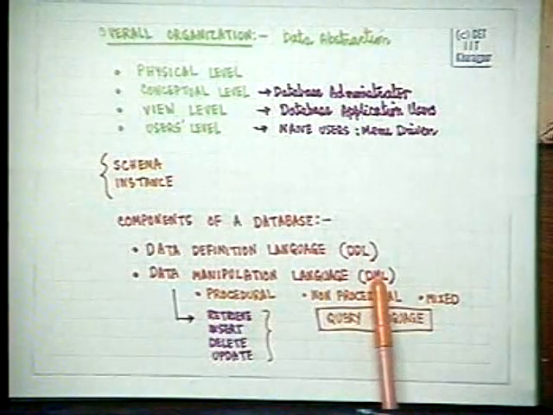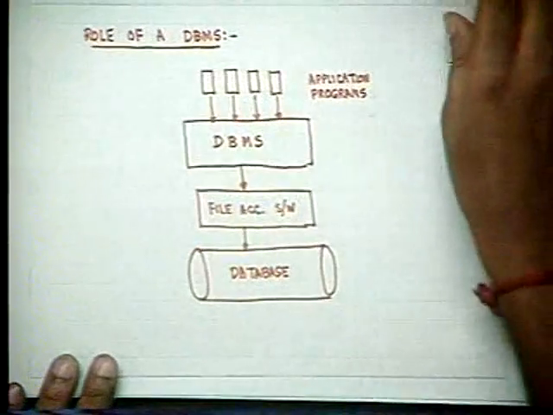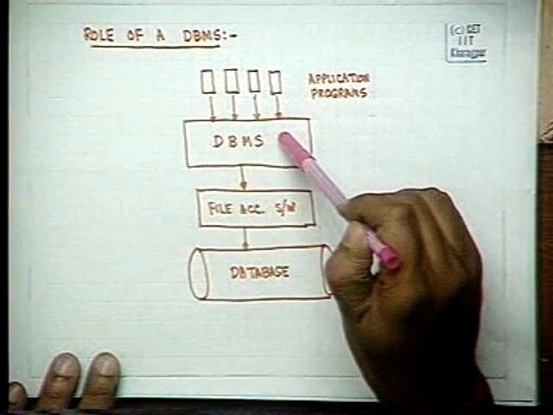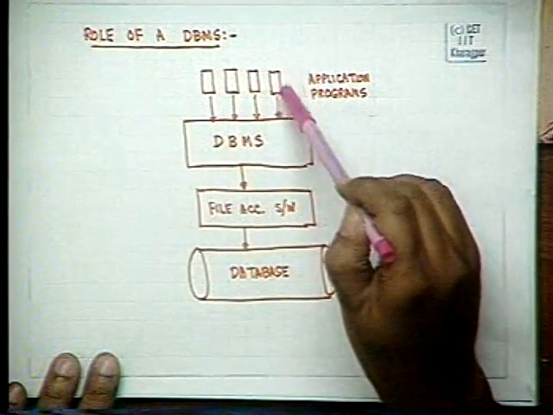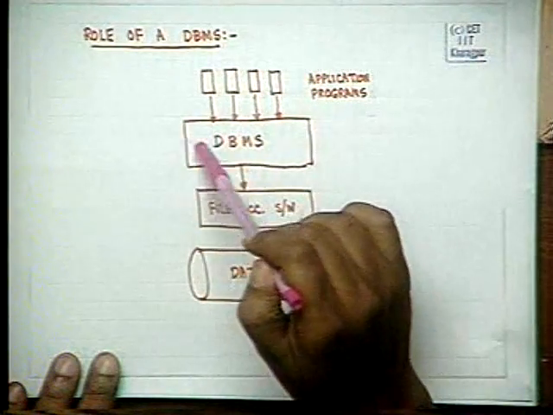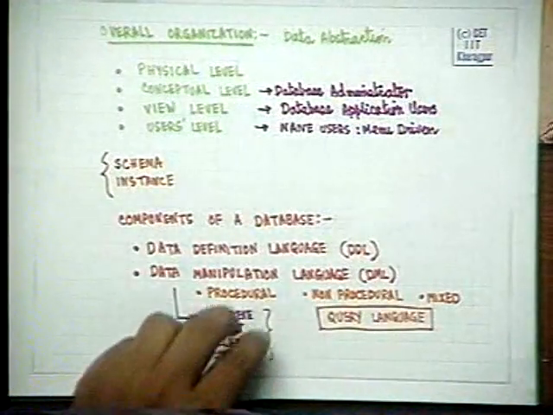Now, once you have these two things, this will interact as we have seen. A database administrator will do the database definition and will write down the queries at this point. Somebody will do it here. Now, what is available inside is the next important point that we will have to see.